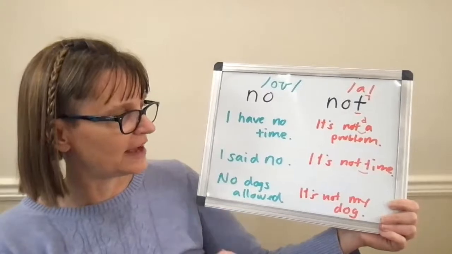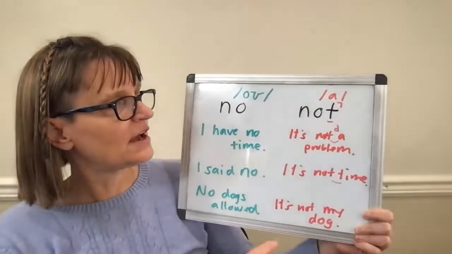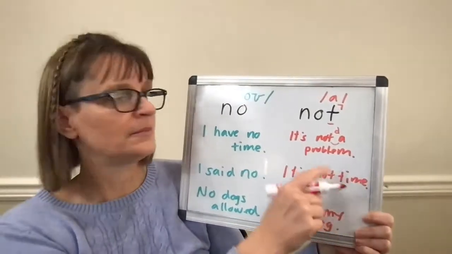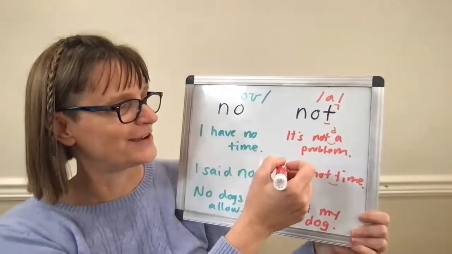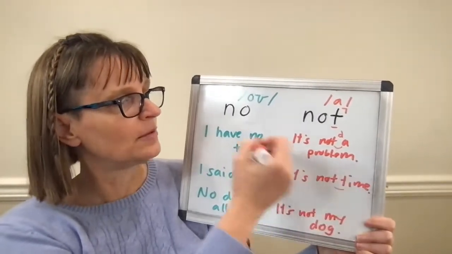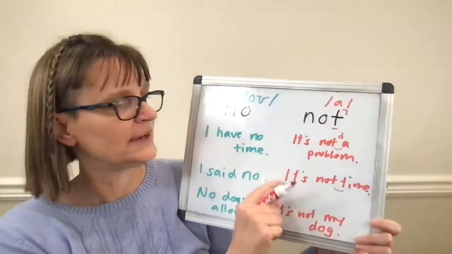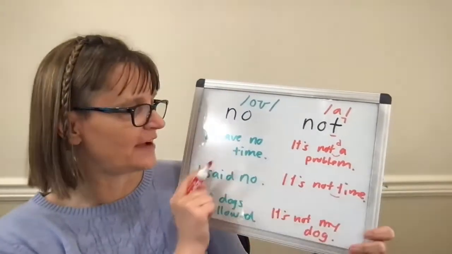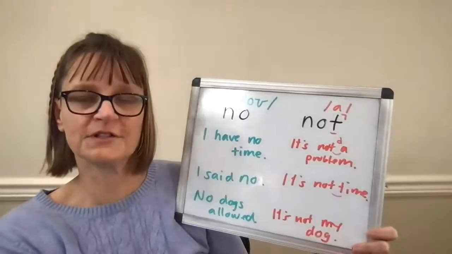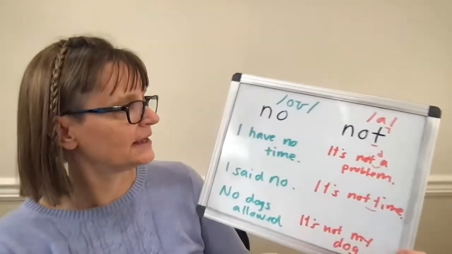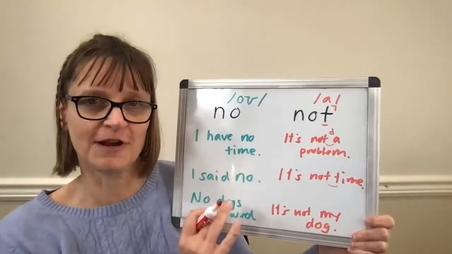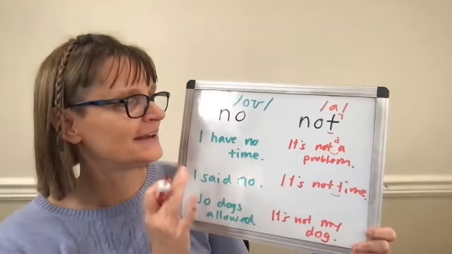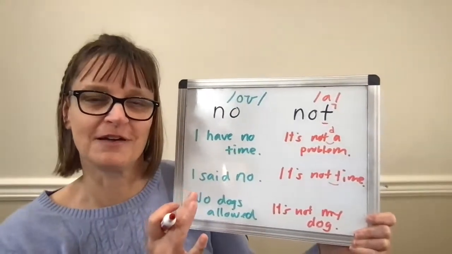So no dogs allowed, for example, versus not, it's not a problem. I'm addressing the word problem. It's not a problem. It's not time versus I have no time, or it's not my dog, doesn't belong to me. There are more details about no versus not in terms of grammar in my lesson for that. There's a lot of good resources for that as well.